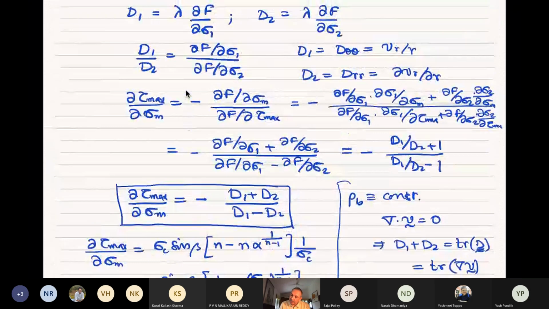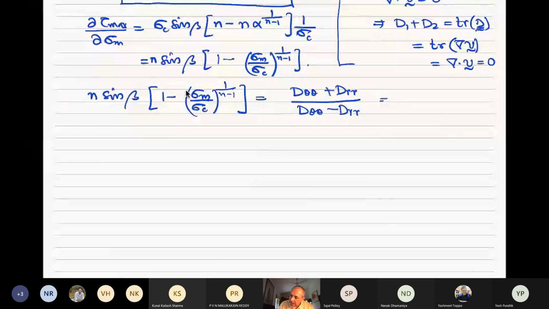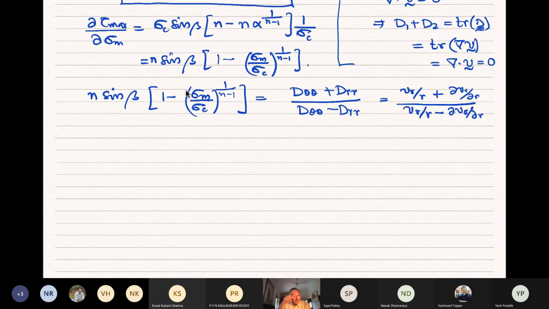And if you substitute for what is d theta theta and drr, so this is just equal to Vr divided by r plus del Vr by del r divided by Vr by r minus del Vr by del r. So this is what you get. So you get a relation. Yeah.